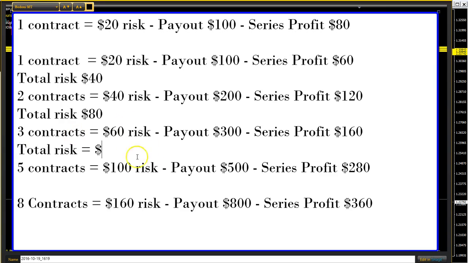can you guess what your total risk is going to be here to try to make 160? And furthermore, can you figure out the math, because if you can figure out the math, then you've got it.